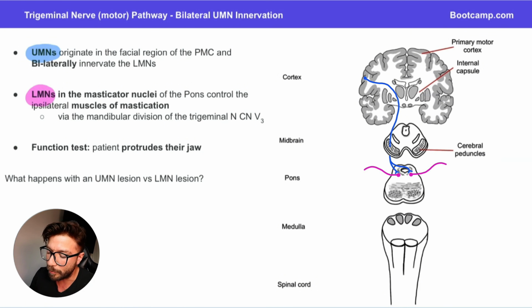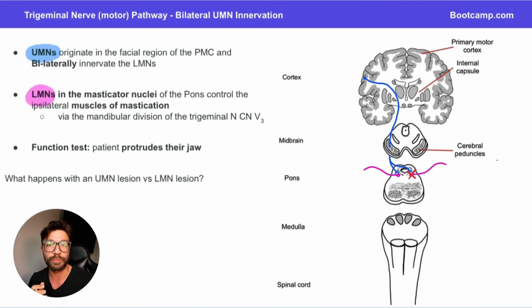If we had an upper motor neuron lesion, a lesion right around here, remember, because this bilaterally innervates, we're still going to have the other side coming down and bilaterally innervating those two lower motor neurons. So essentially, you could have a lesion but not see any effects. So in case of an upper motor neuron lesion, you might not see any effects. Whereas if we had a lower motor neuron lesion, what you're going to see is ipsilateral weakness to those muscles of mastication when you ask the patient to protrude their jaw.